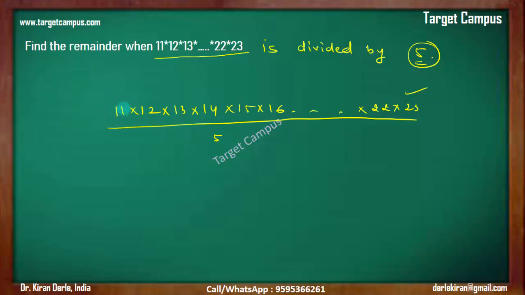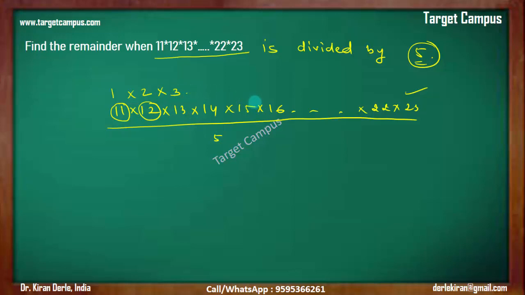See, if you know that in remainders you can just divide the individual terms also, then if you divide 11 by 5, you are going to get 1. If you do 12 by 5, you are going to get the remainder 2. The operator is multiplication. 13 divided by 5, this is 3.